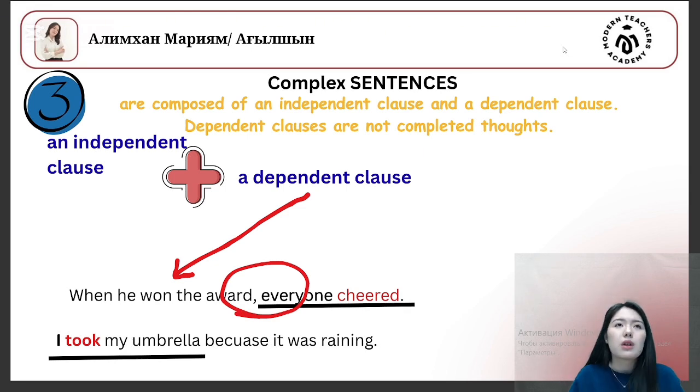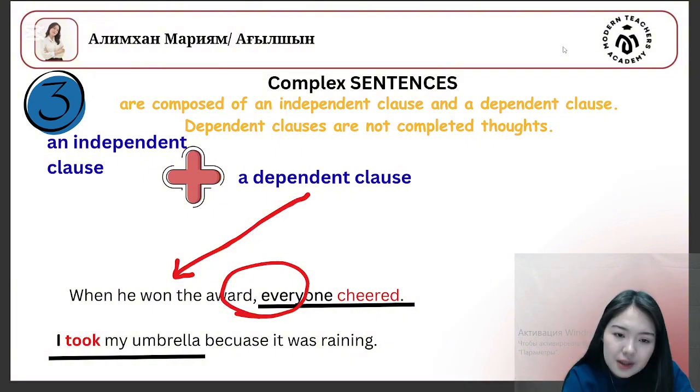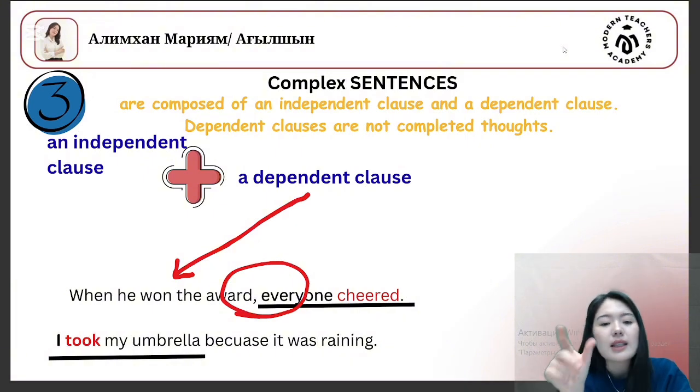When he won the award, we need some words to complete this thought. And the second clause, everyone cheered. Everyone is the subject, cheered is the verb. Because of that, the first clause is a dependent clause, and the second clause is an independent clause. It has a completed thought.